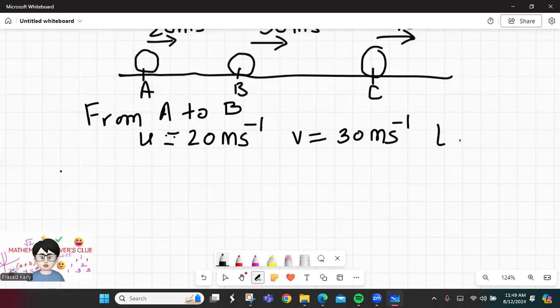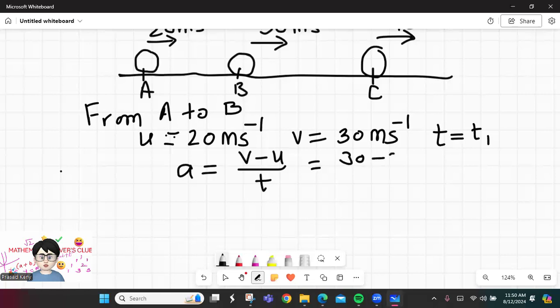And time taken t is t1. Now, since acceleration is the rate of change of velocity, that is, change of velocity divided by time, acceleration is v minus u divided by t, which is 30 minus 20 divided by t1, or that is 10 divided by t1.